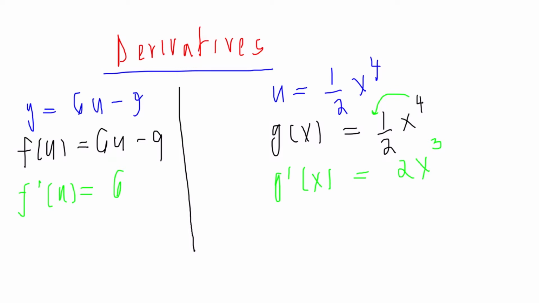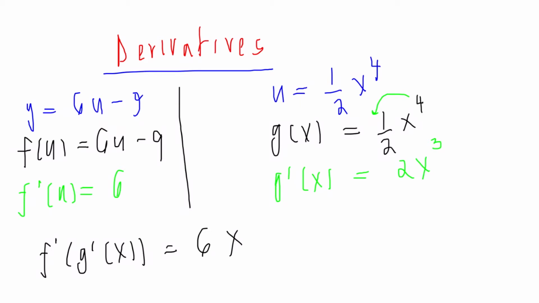Now we want to find the derivative of the general function. In order to find it, we multiply the derivative of f of u by the derivative of g of x.